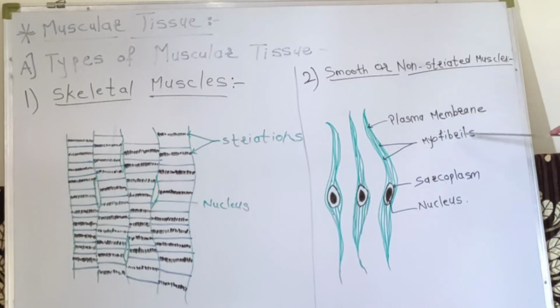That's why it is called non-striated muscle. These muscles show very slow involuntary contractions, and that's why they are innervated by the autonomic nervous system. These muscles are found in the blood vessels. That's why they are called visceral muscles, and they don't have striations.